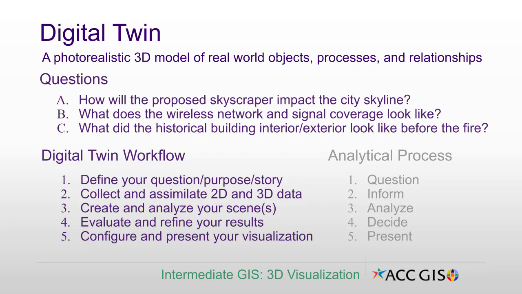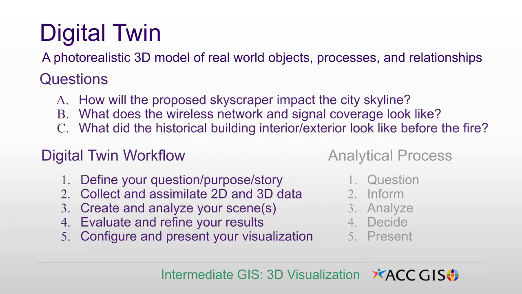And so 3D data analysis and visualization are no longer just a bell and whistle in GIS. We use them for all types of applications. And a common one that we're seeing these days is the development of digital twins, which are photorealistic 3D models of real-world objects, processes, and relationships. And we can use digital twins to answer questions like, how will the proposed skyscraper impact the city skyline?